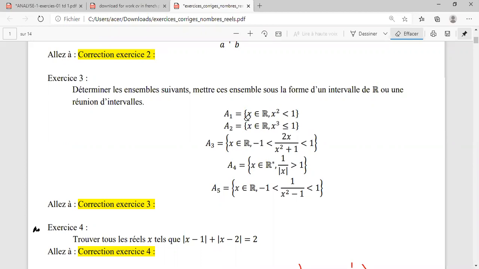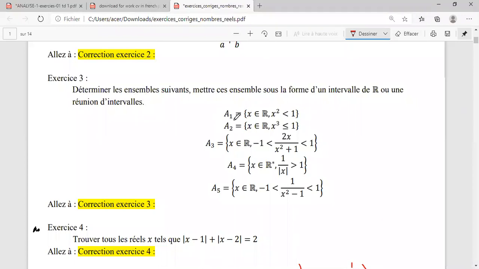Okay, I need to know. I'll just suppose that at least we've gotten the general concept of what real numbers are, and we're able to solve this question. The question is: determine the following sets, put these sets under the form of an interval of R or a union of intervals.